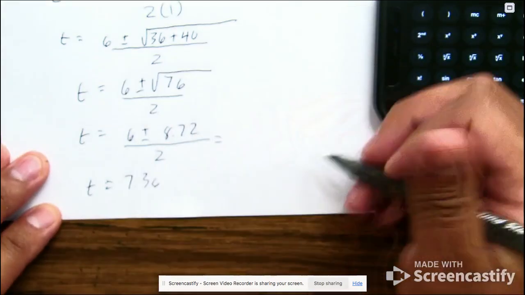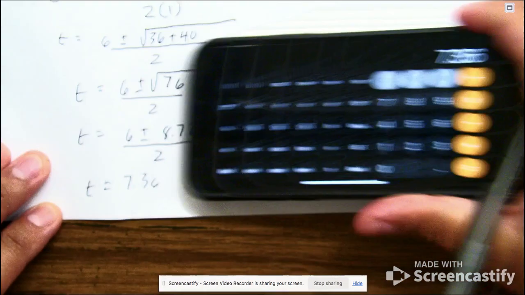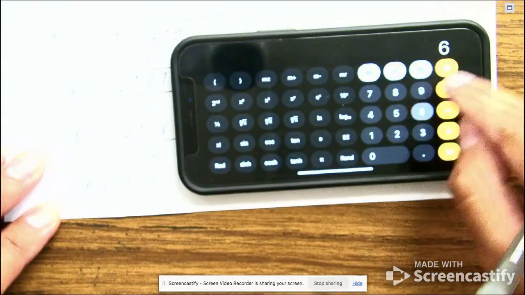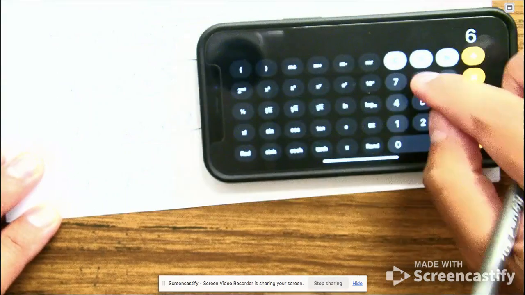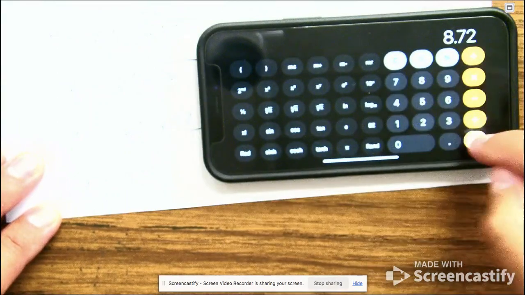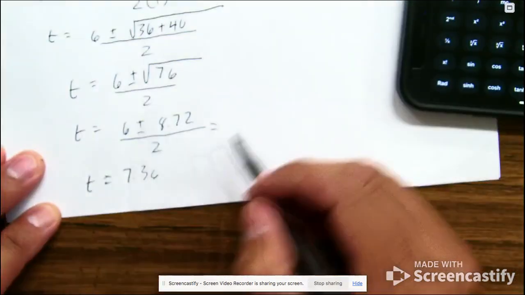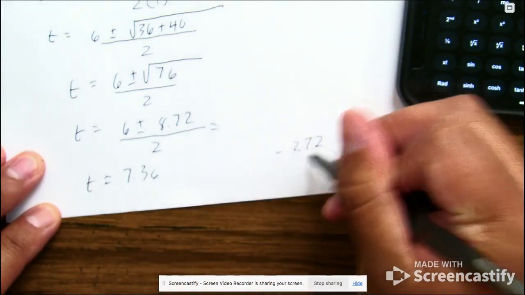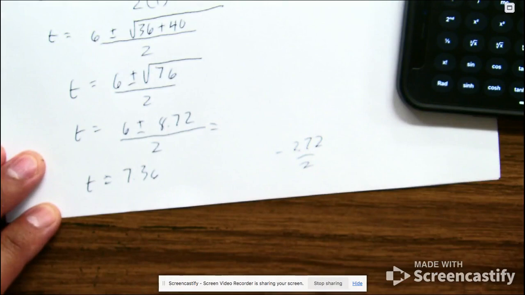And then you'll notice that if you do 6 minus 8.72, you're going to get a negative number. So the other one is negative 2.72 divided by 2, and it gives you negative 1 point something.